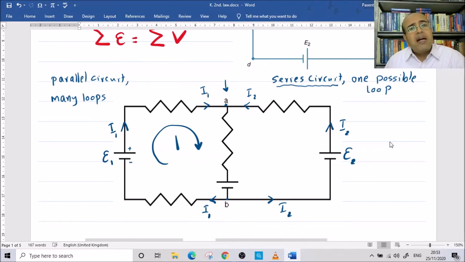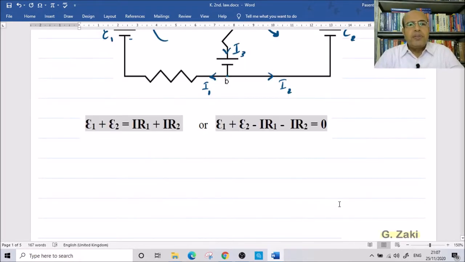I1 is in and I2 is in, so the current through AB must be out. So the current I3 takes this way. This is loop 2. In any loop, the sum of EMF equals the sum of potential difference.